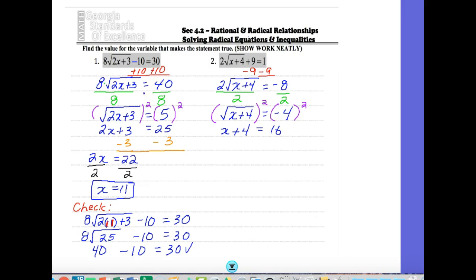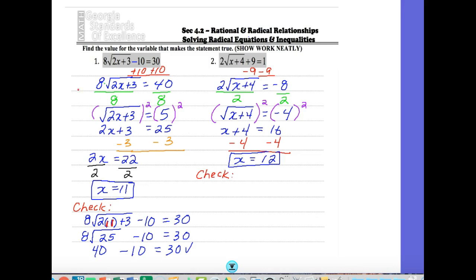Then we're going to subtract 4 from both sides, and we get our solution as x equals 12. Let's go ahead and check this. X equals 12, and it's important to check all your solutions for these because sometimes we have a problem. So let's check our answer.